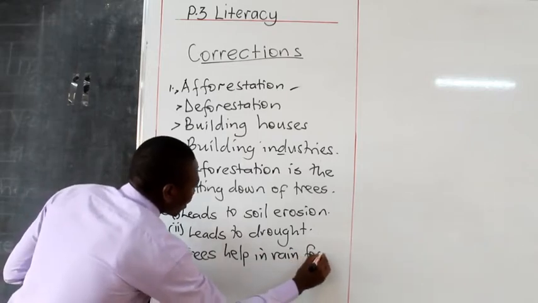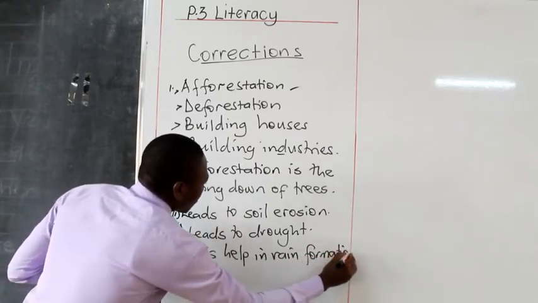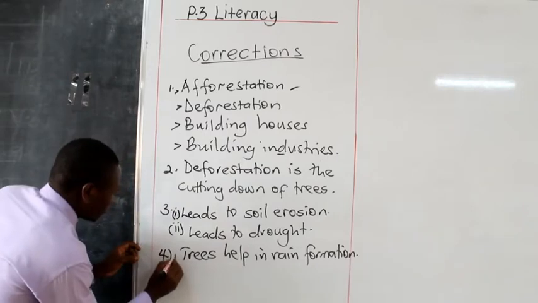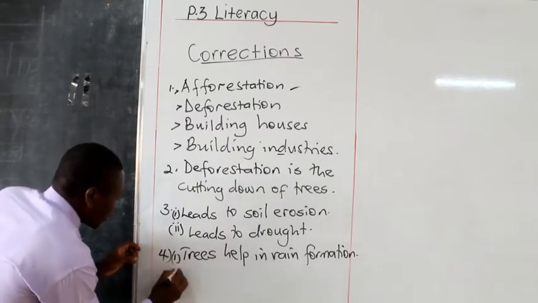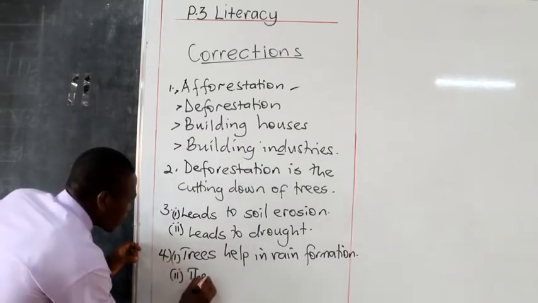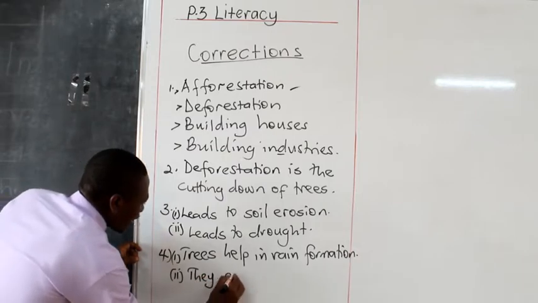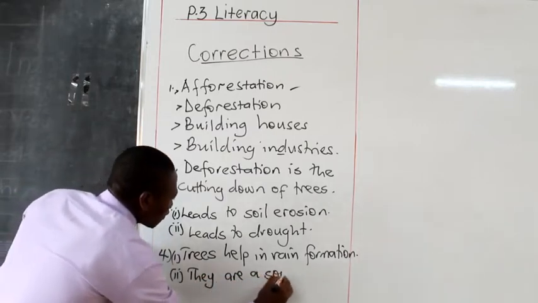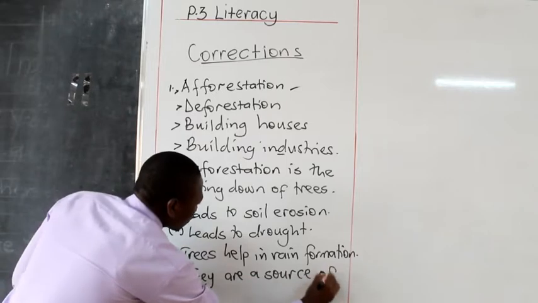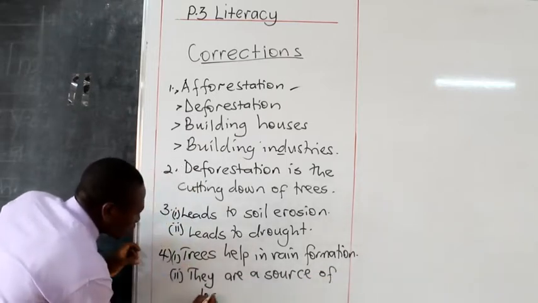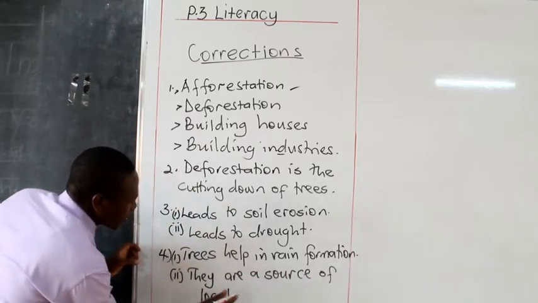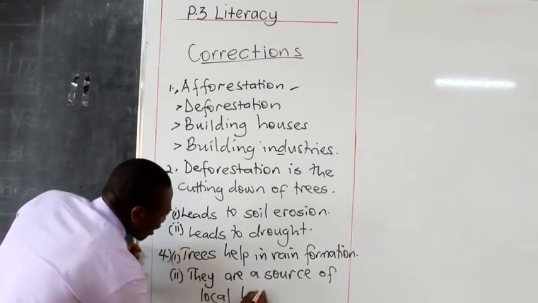Trees help in rain what? Formation. That's one. We say trees are a source of herbal medicine. They are a source of, you can talk about local herbs. In case you don't know what herbal is, local what? Herbs.